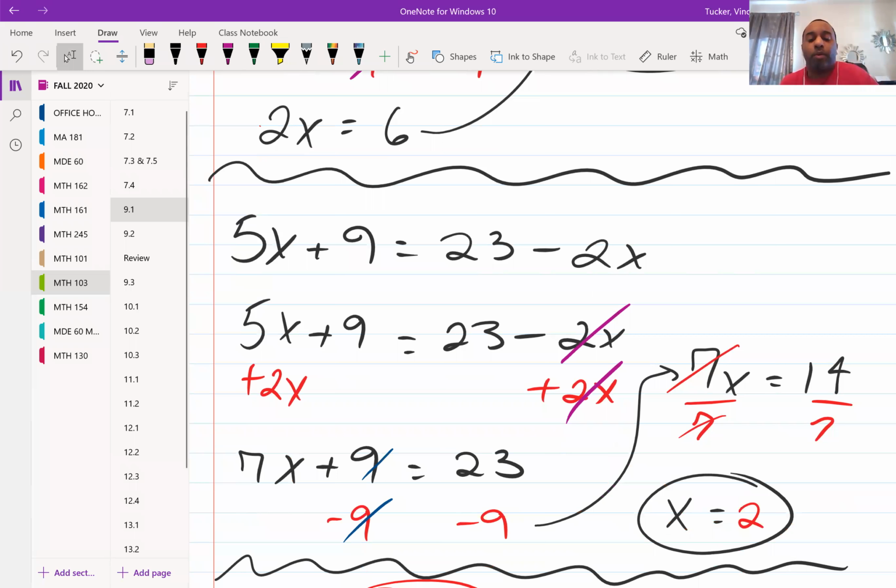So then I will subtract 9 from both sides. And that will give me 7x equal to 14. And then to finish it off, divide both sides by 7. 7's cancel. And 14 divided by 7 is 2.